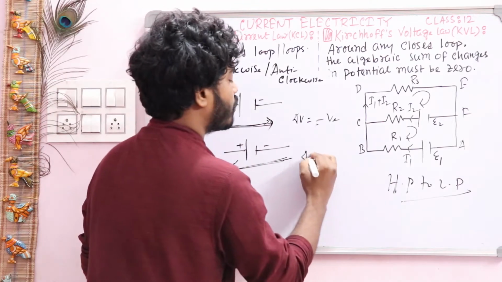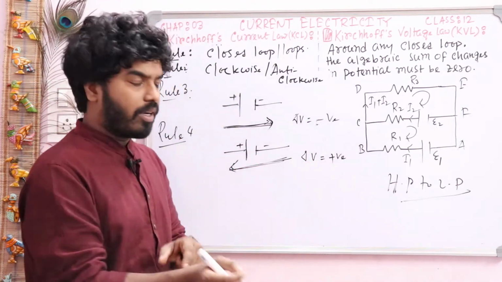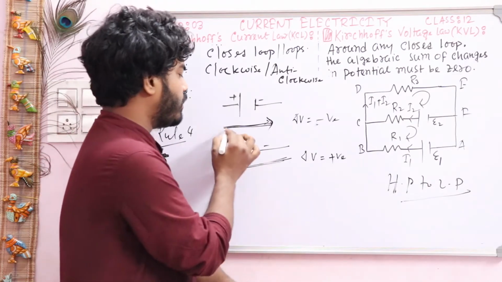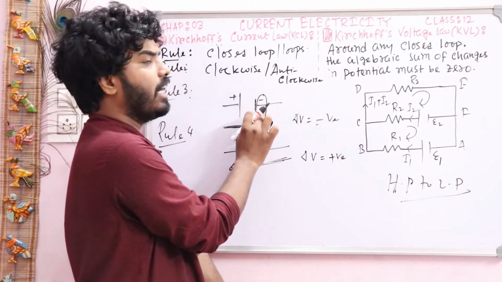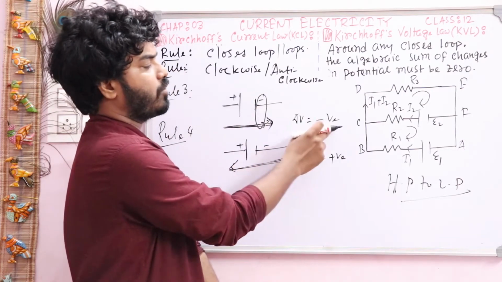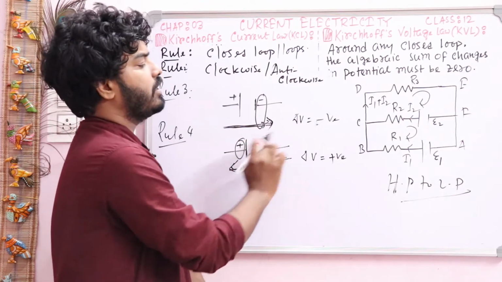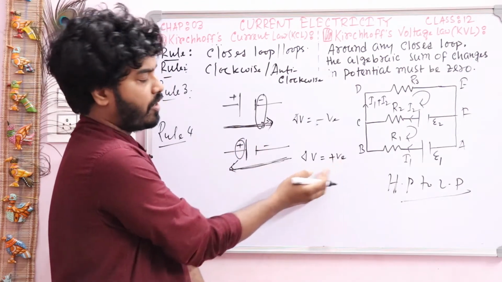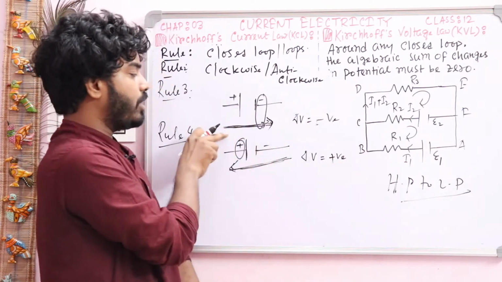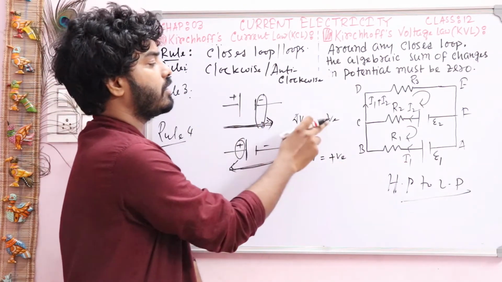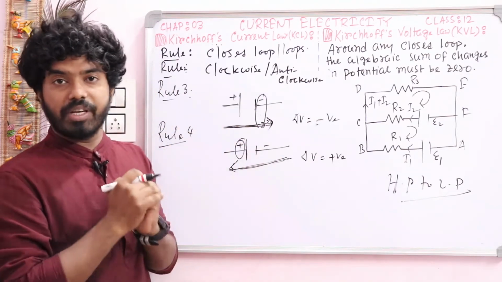So here you have to consider delta V as positive. A short trick for remembering: when your direction ends at the negative side, it is taken as negative. When your direction ends at the positive side, it is taken as positive. This is applicable for a cell or battery.